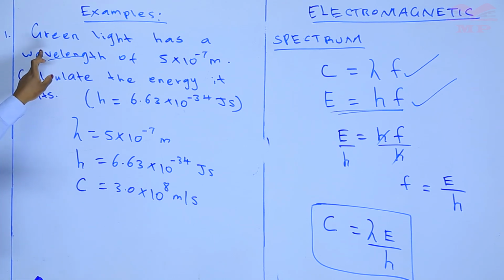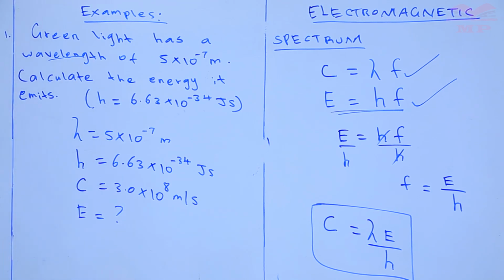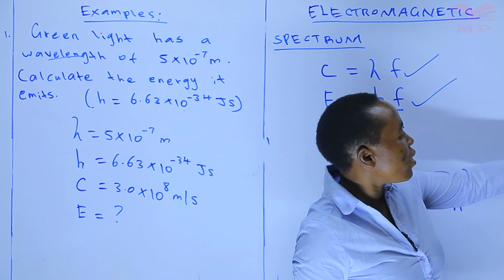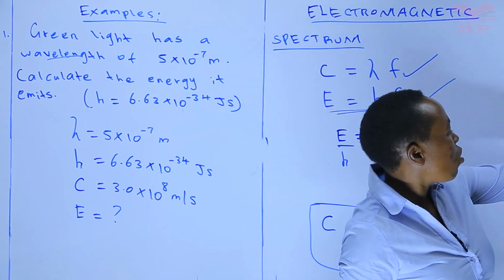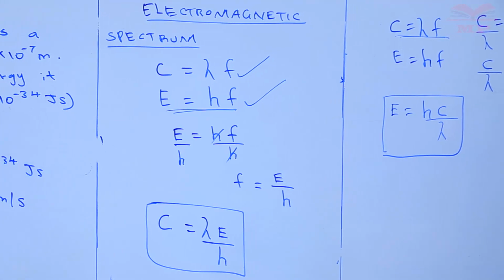And therefore, we are told to calculate its energy. So we are calculating the energy. We can come to the formulas that we have and see which one we are going to apply. We have the energy, Planck's constant, the speed of light, and the wavelength.